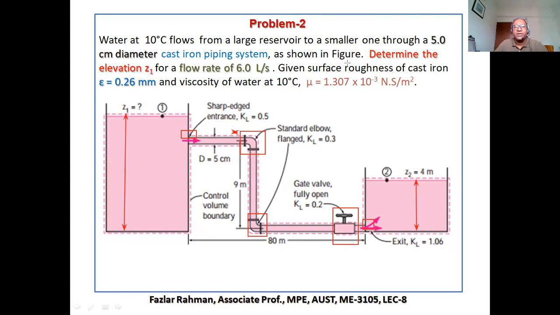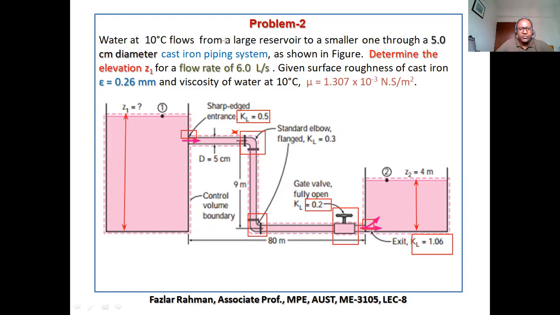That means minor loss. All the values of KL are given in the problem. This one 0.5, right over here 1.06, right over here 0.02, this one 0.03, also this one 0.03.